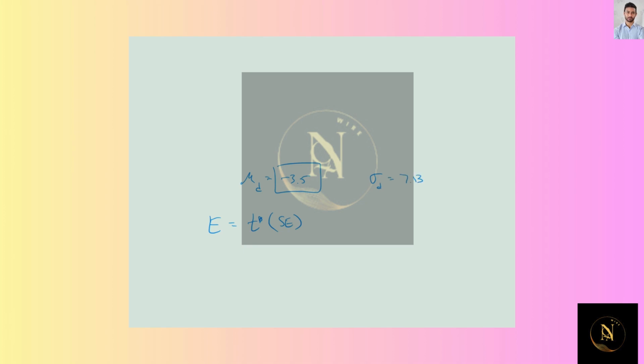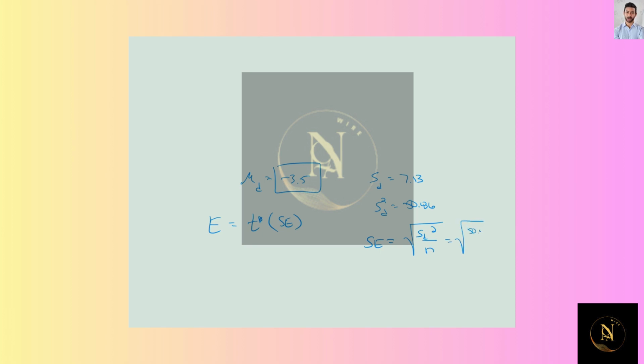7.13, and the variance, I really should just say this, is about 50.86. And our standard error is the square root of the variance over the sample size, which is 8.